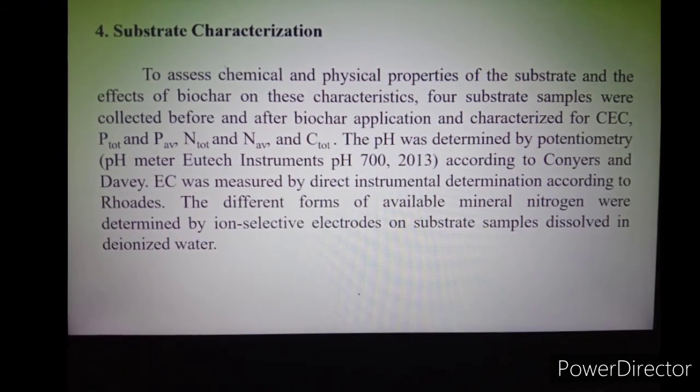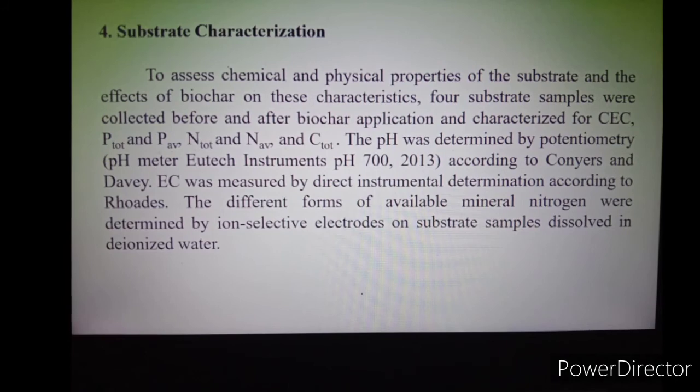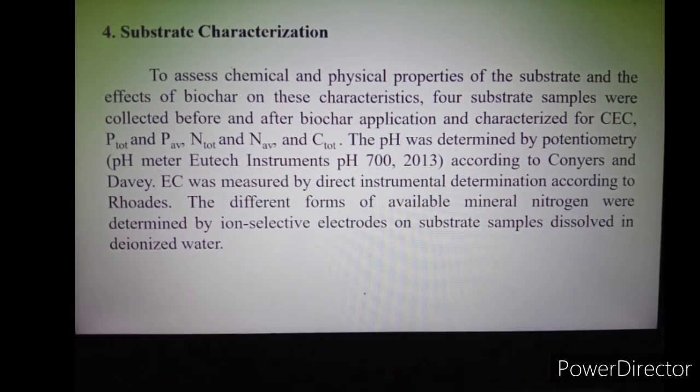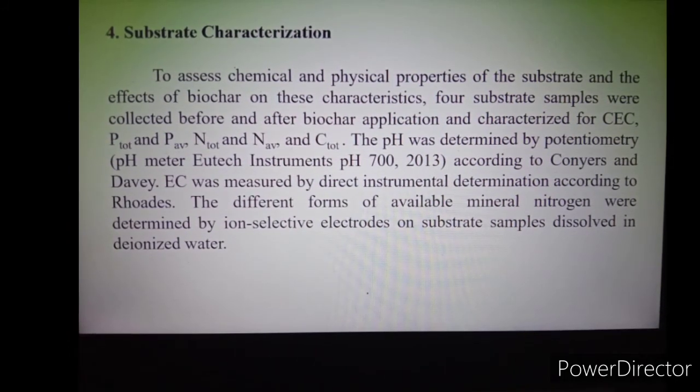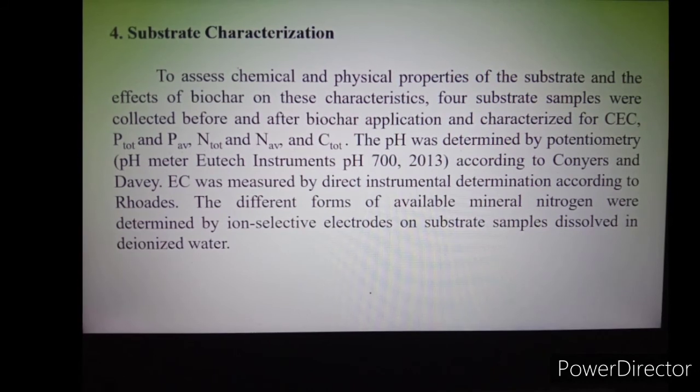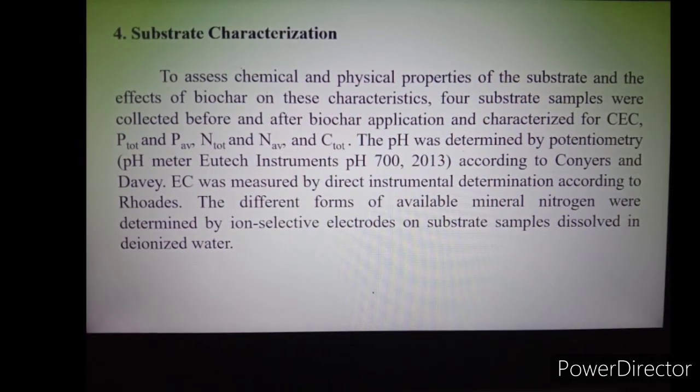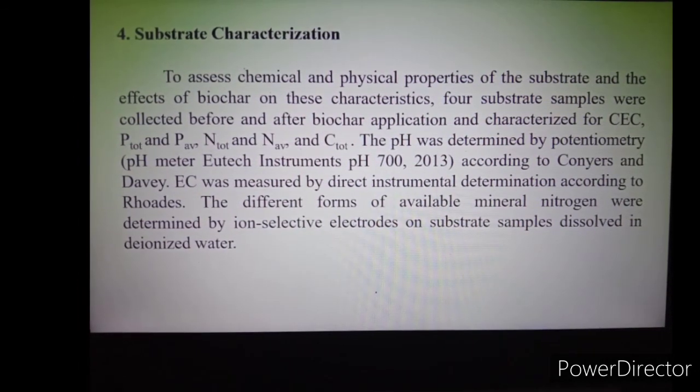The pH was determined by potentiometry, by pH meter EUTech instrument pH 700 of 2013.